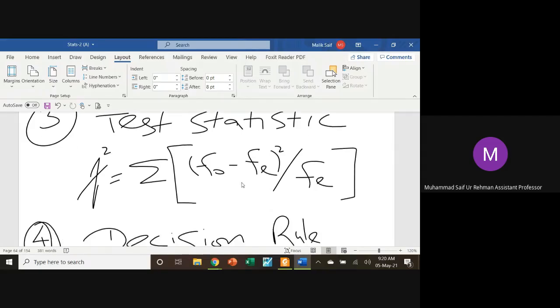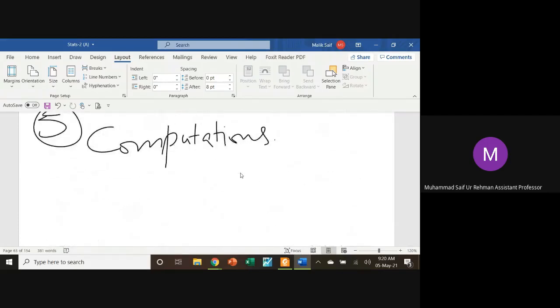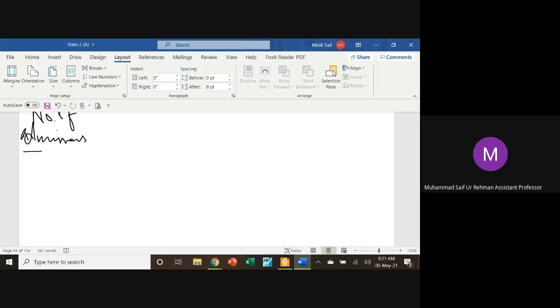So how will you construct the table that will give you the information regarding this? You may write down number of admissions in the hospital, or you can simply write number of admissions.